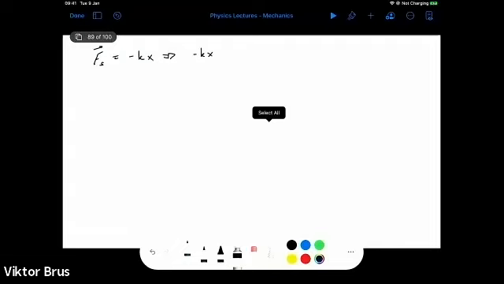Minus kx is equal to ma, according to the second law of motion. And from here, acceleration is minus k divided by m times x. So this is the condition of simple harmonic motion.